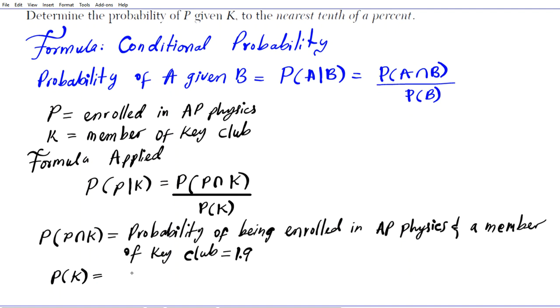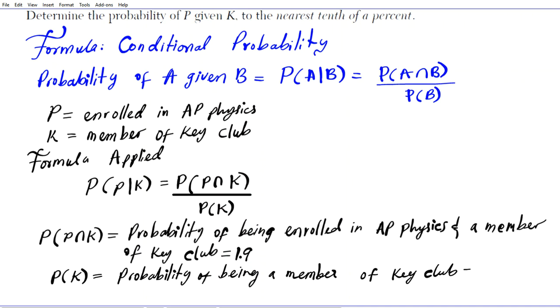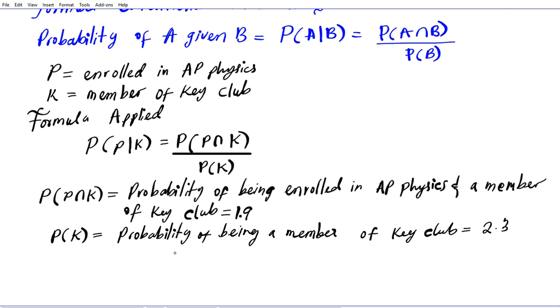So P of K, the meaning is the probability of being a member of Key Club, and the numerical percentage value of that is 2.3%. Now we're ready to solve the problem because we have everything that we need.